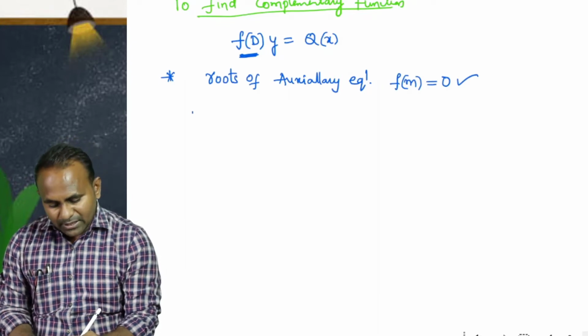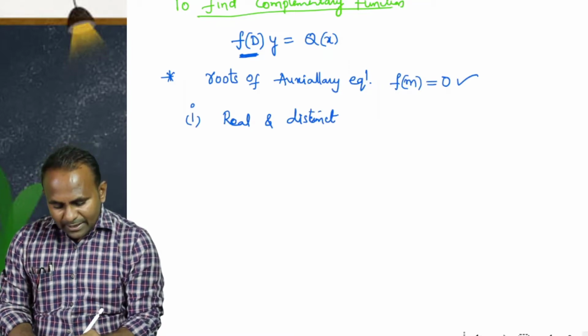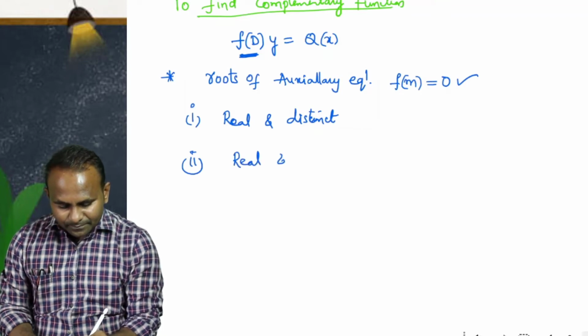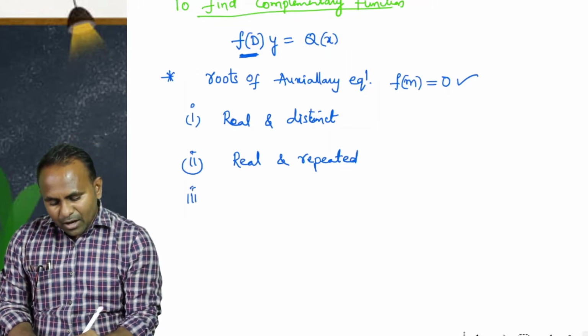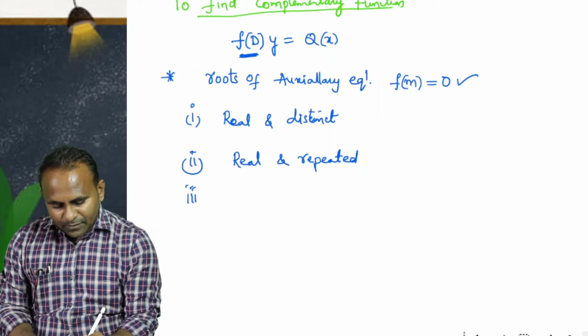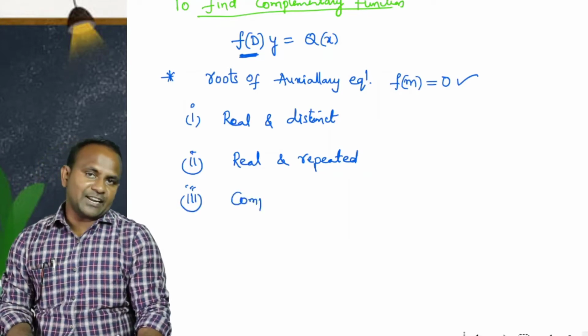Either the roots are real and different, distinct, or they may be real but repeated, or they may be complex numbers. Any of these three cases will arise.